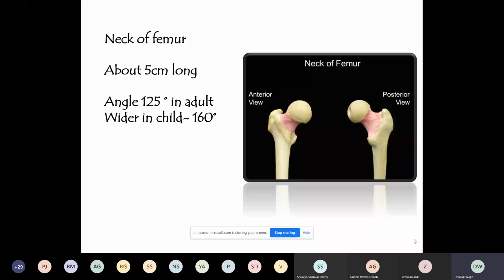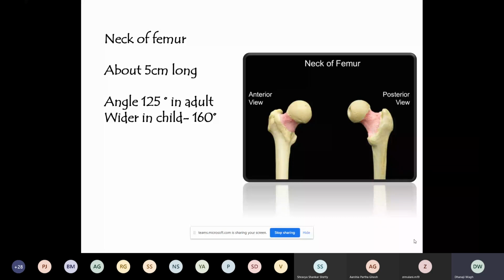Its upper border is concave and horizontal, and it meets the shaft at the greater trochanter. You can see there is a bony structure where this upper border meets, the greater trochanter. Then the lower border, you can see carefully, is straight and oblique, and it meets the shaft near the lesser trochanter.